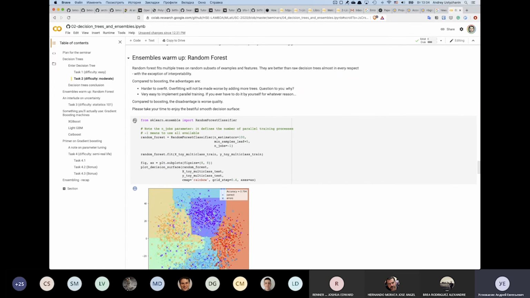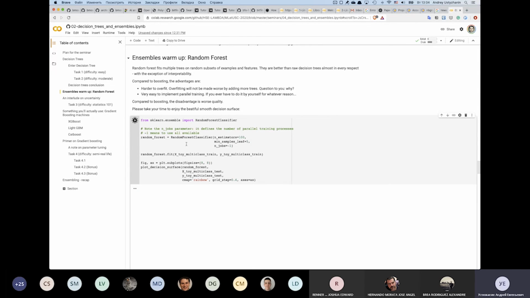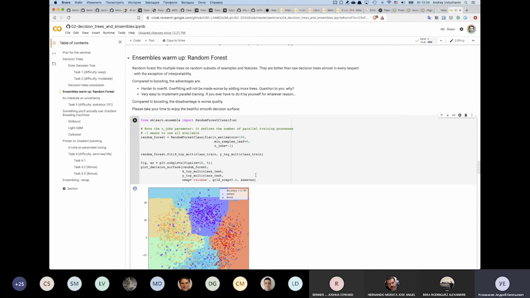So we start with the random forest classifier, and also we can visualize the decision surface because it doesn't depend on the model that we're using. And you see that this random forest classifier consists of 100 decision trees, and we also specify that the minimum samples in a leaf should not fall below 5.